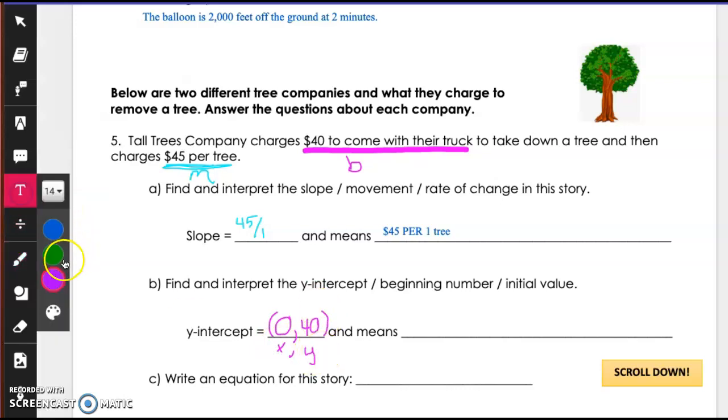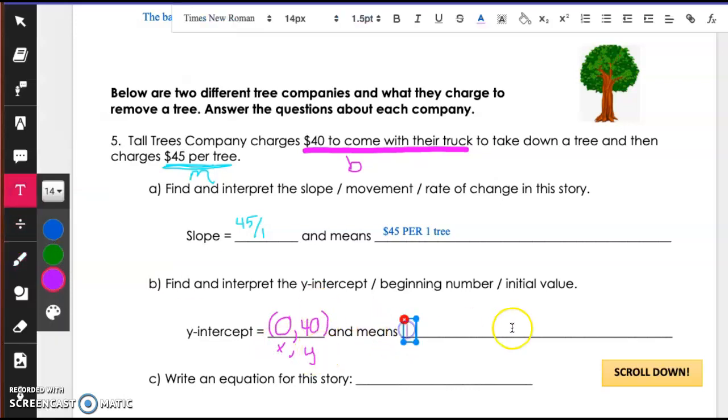And those numbers mean in this story that for 0 trees cut down, it costs $40. Basically, no trees have been cut down, but you know, they have to get there and show up, and they are charging $40 to do that.